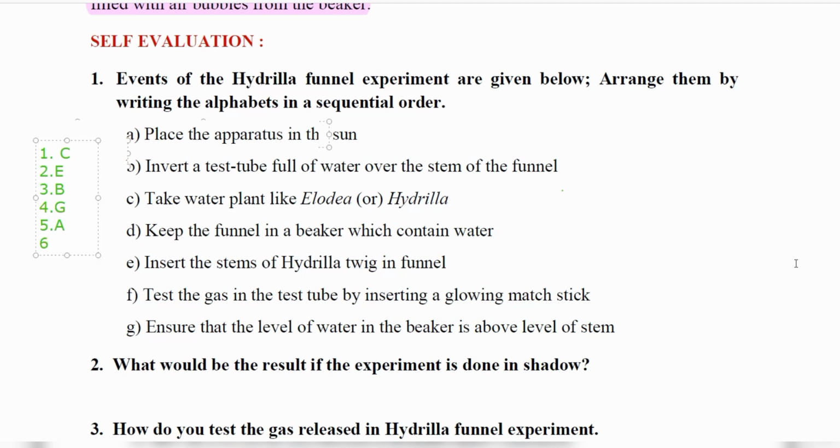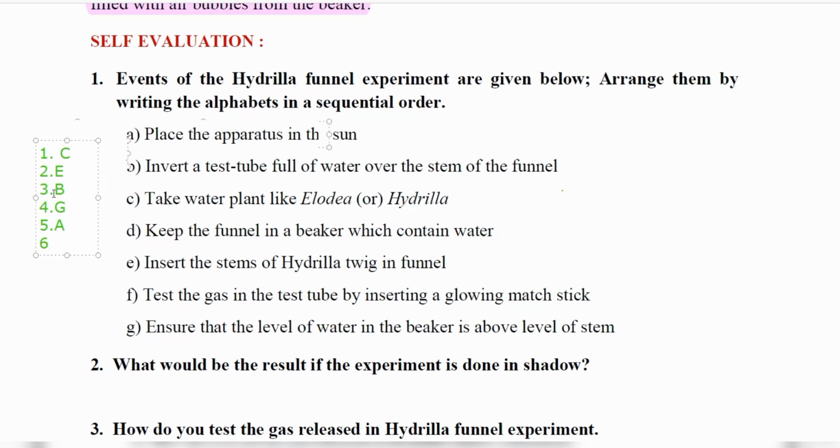Keep the funnel in a beaker which contains water. So D must come.